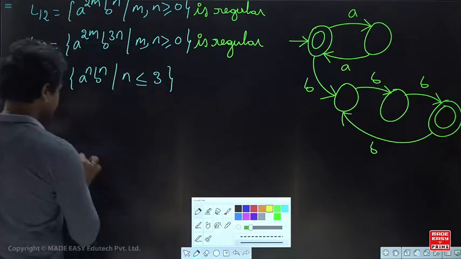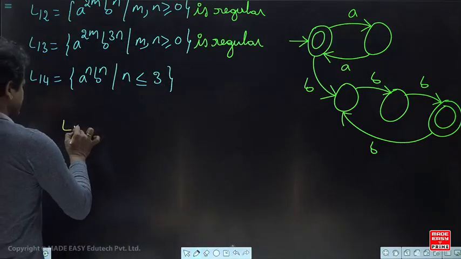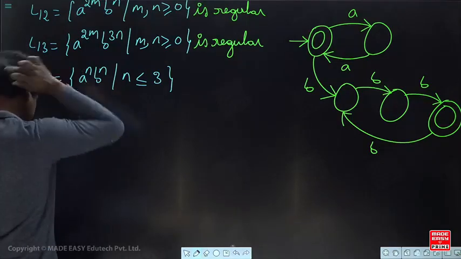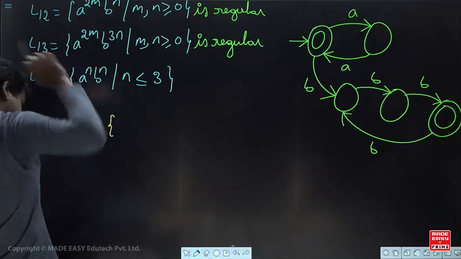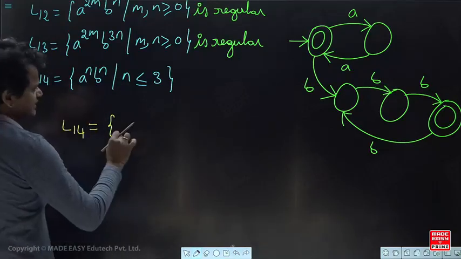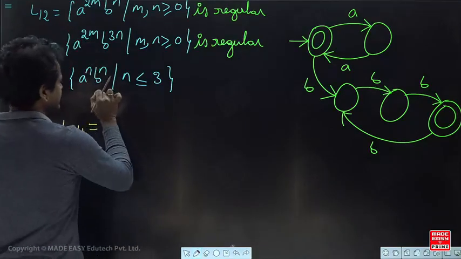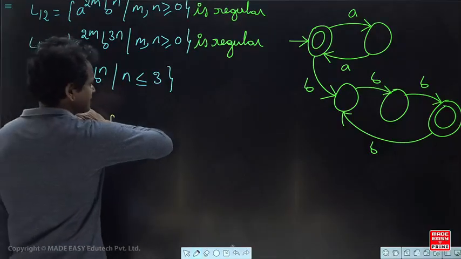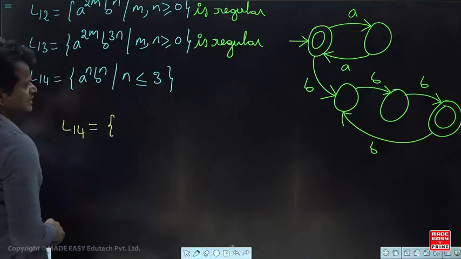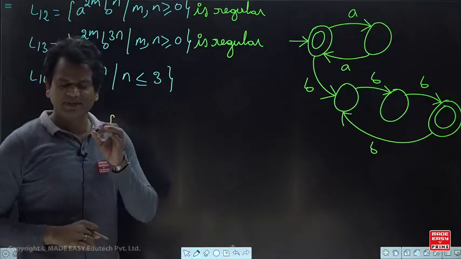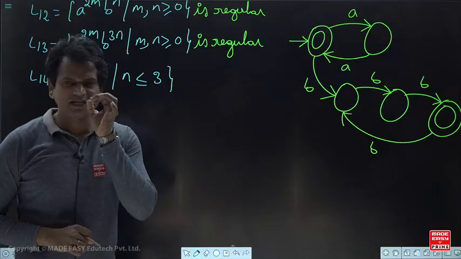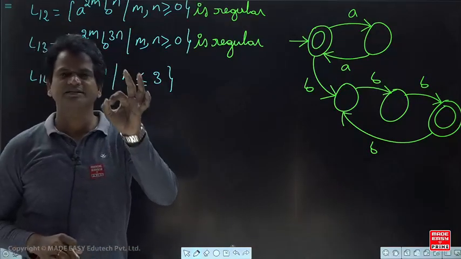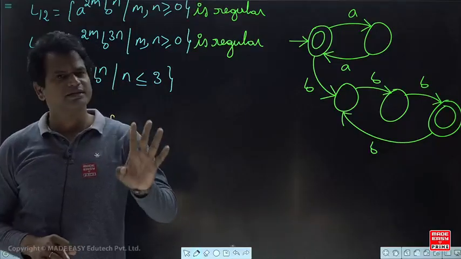Now tell me, if I can construct a finite automata to accept every string of this language, and at the same time that finite automata is not accepting any other string, any string which is not in L14, and I repeat, if we can construct a finite automata which accepts every string of L14, and at the same time rejects all invalid strings, then it is regular.